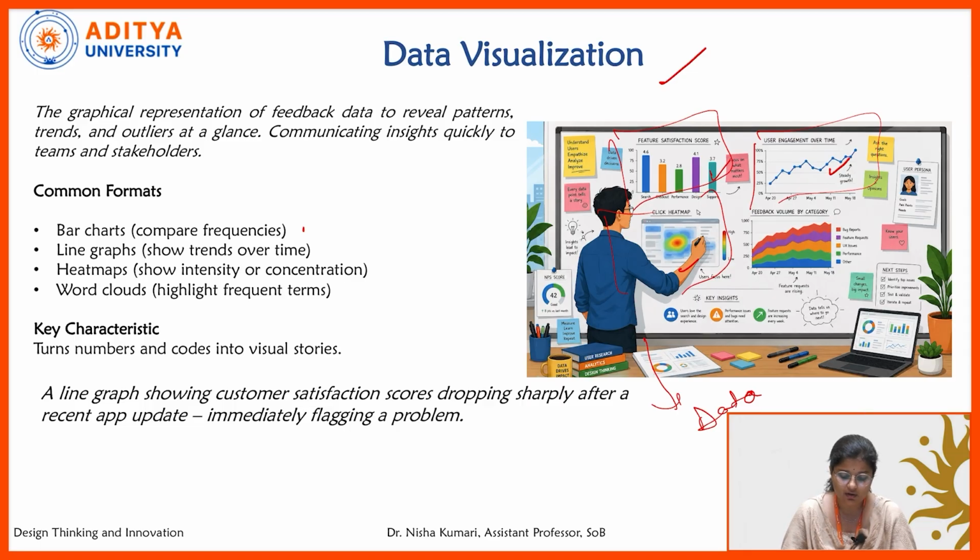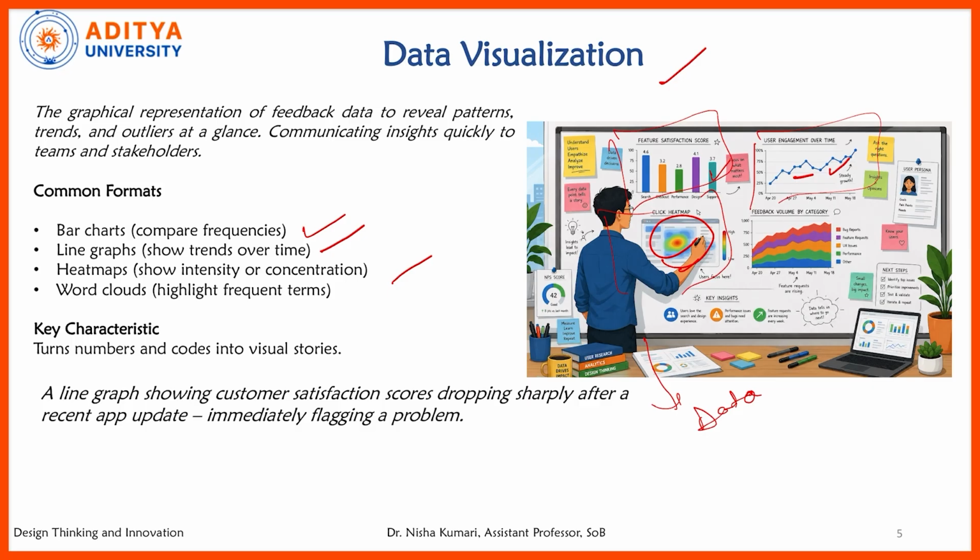If you want to compare frequencies, we can use bar charts. Line graphs, if you want to show trends. Heat maps, if you want to show intensity or concentration. And word clouds, where the size of a term or keyword is bigger if it is more frequently used.